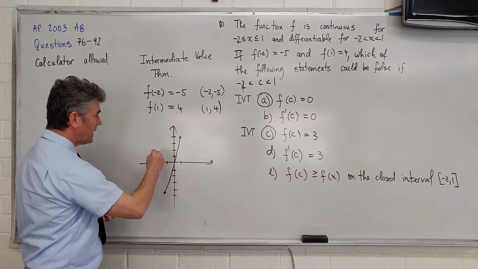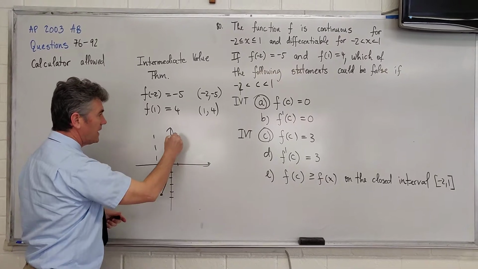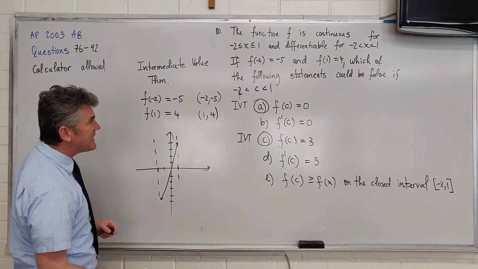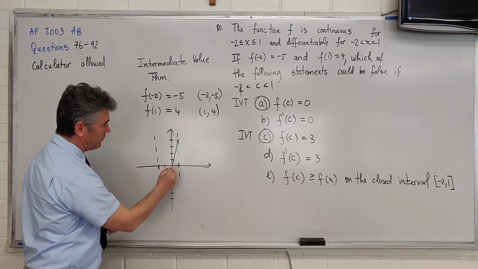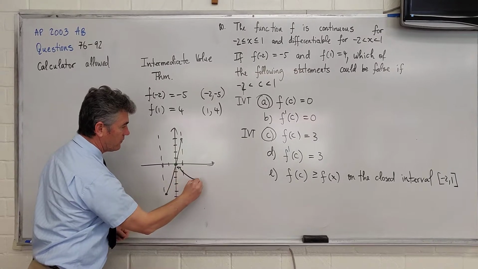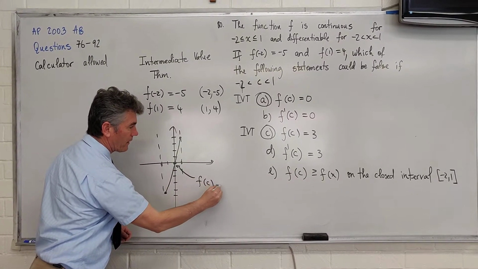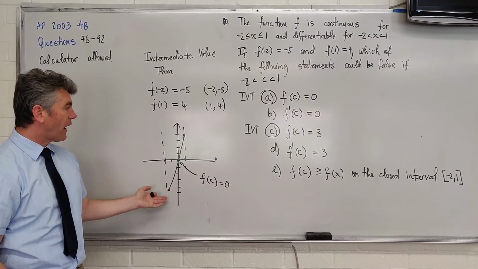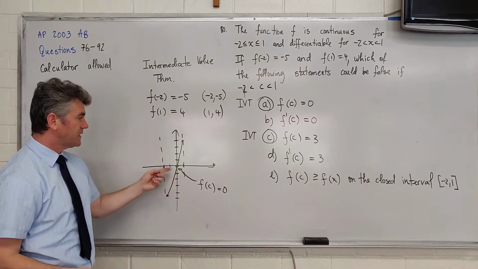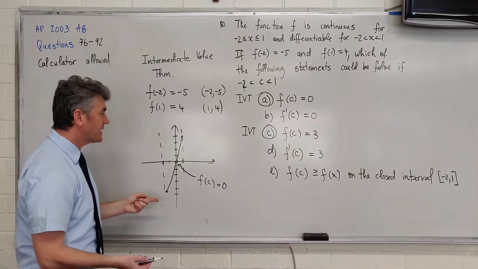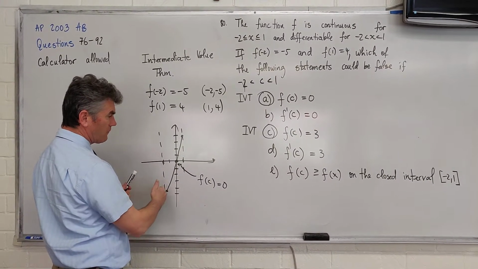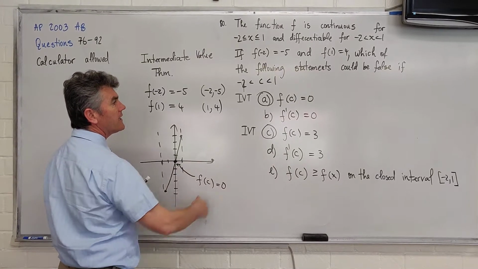So as you can see, in the interval from negative 2 to 1, indeed there is a c for which f of c is equal to 0, because there's no way a graph can start below the x-axis and go above the x-axis without passing through the x-axis.